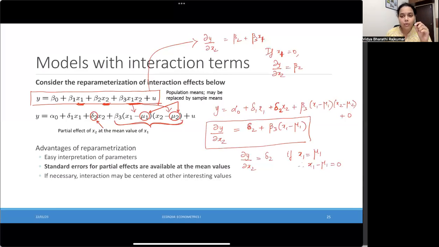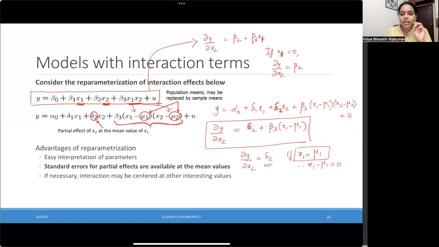If x1 were set at its average value, then delta 2 tells me the marginal effect of a change in x2 on y. If we were to retranslate this to the price and square foot example, if we were looking at a house whose square foot was equal to the average square foot in the sample, for such a house, an extra bedroom will increase the price by delta 2.